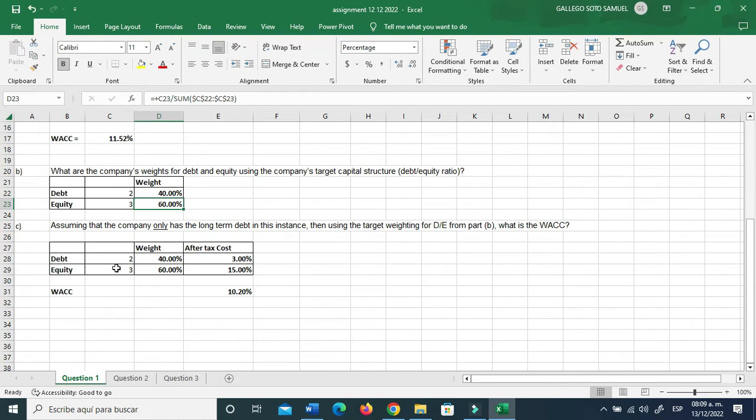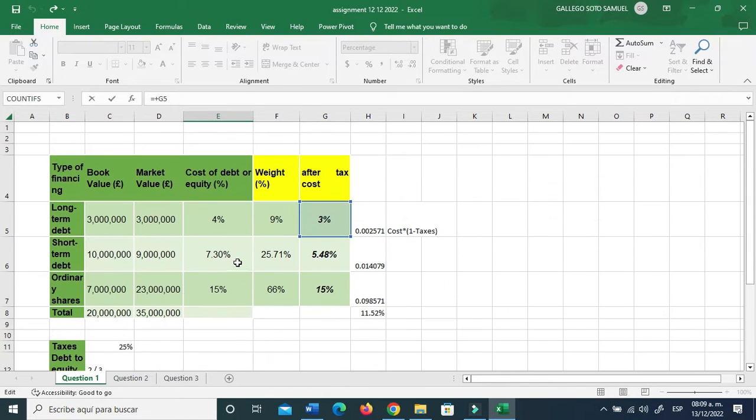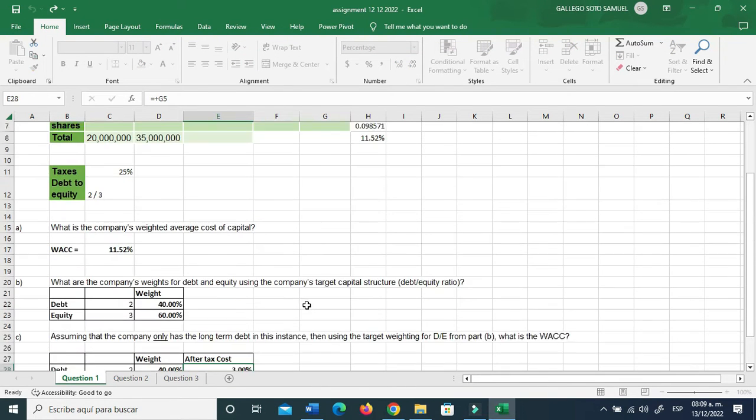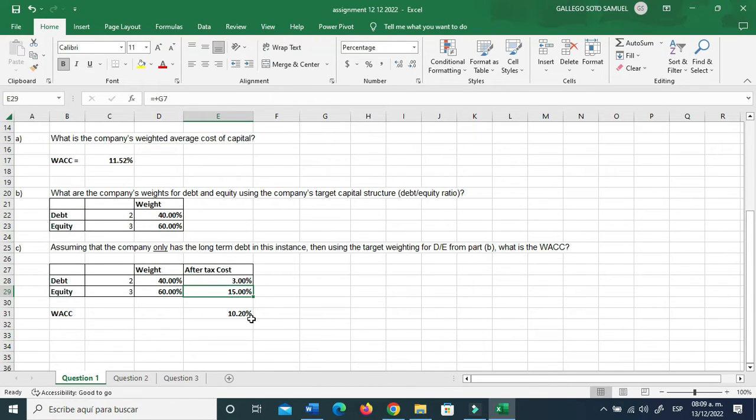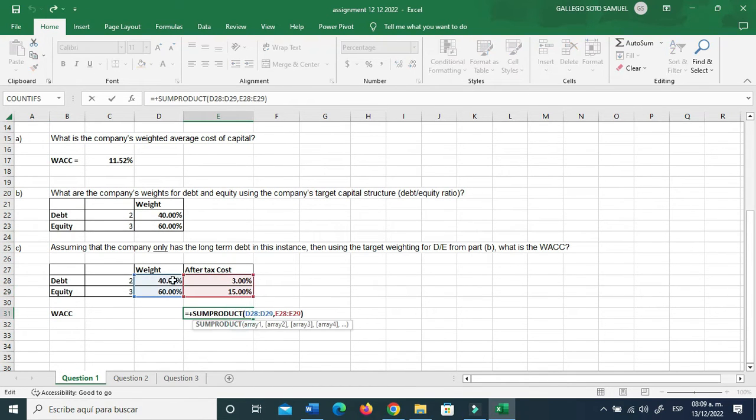Now, assuming that the company only has long-term debt, in this instance, what's going to be the WACC? So you're going to use the same percentages over here, and then you get the after-tax cost of the debt, which I didn't calculate again because I already have it over here, just 3%, and this still is 15%.